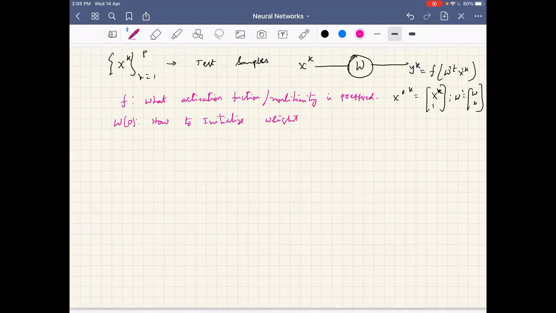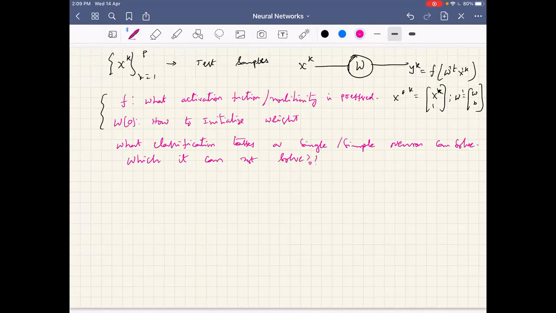The next question is what classification tasks this single or simple neuron can solve, and which it cannot solve. So these are all the questions to be addressed.